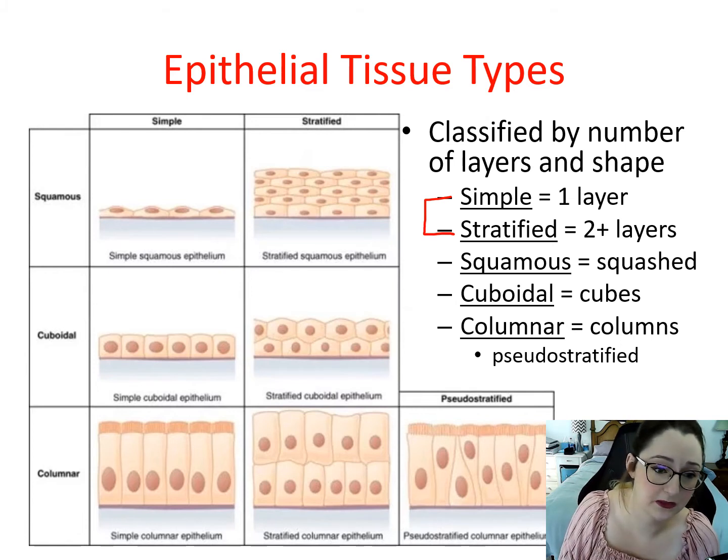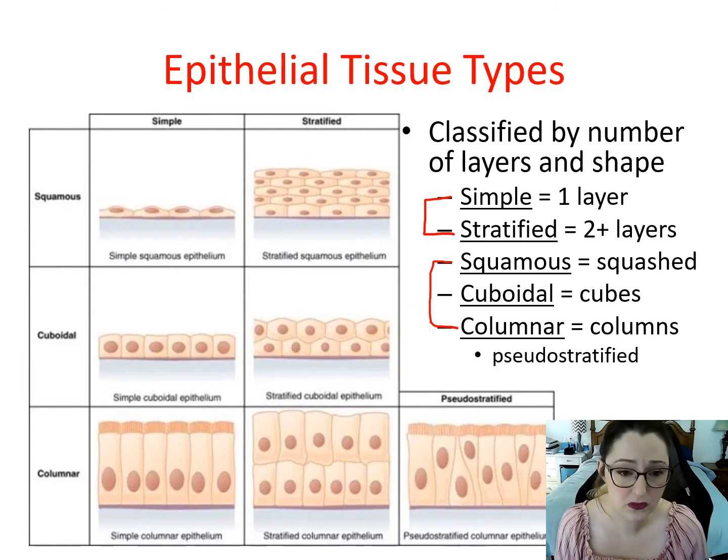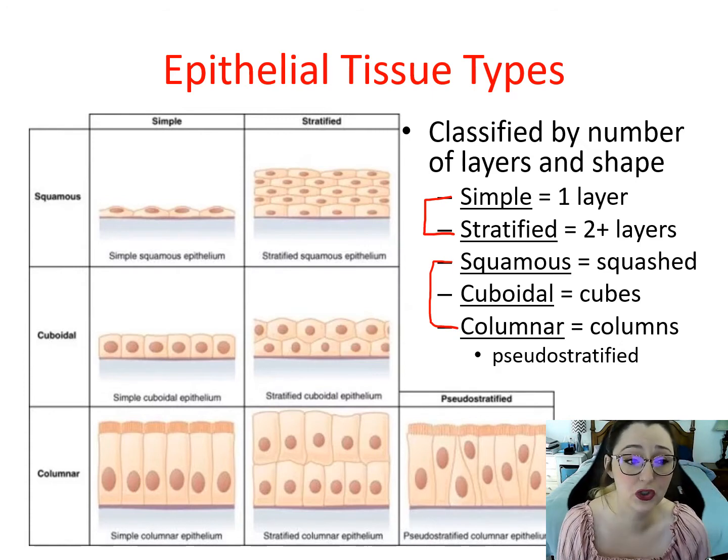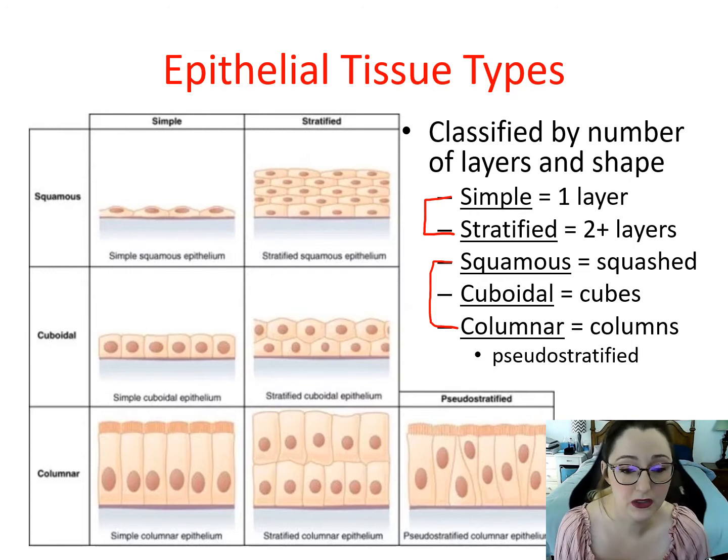These 3 terms underneath there are going to refer to the shape of the cell. Squamous, you can think of as just squashed. Cuboidal, as the term implies, is that the cell shape is going to be cubed. And columnar, they're going to be like columns.